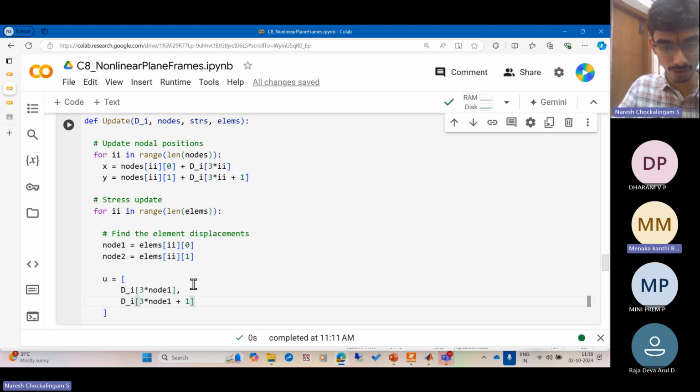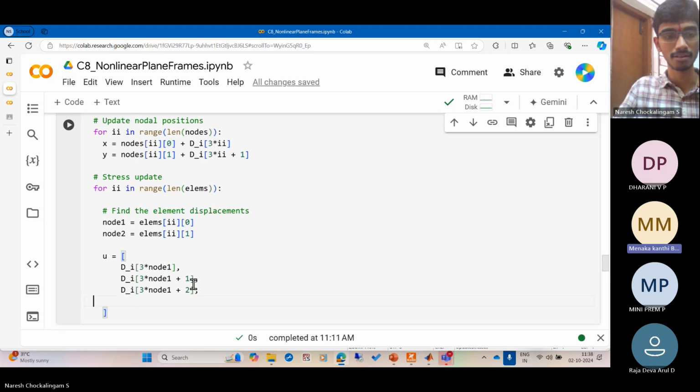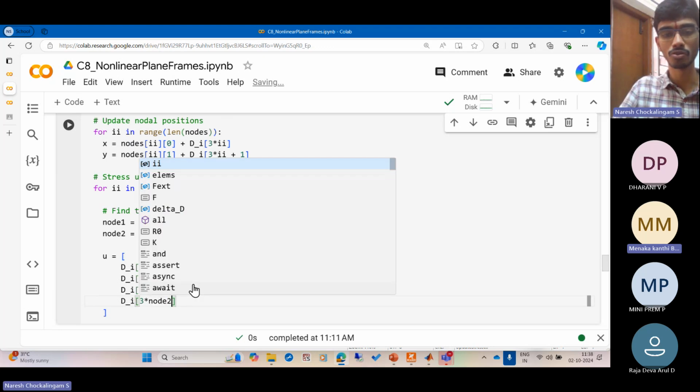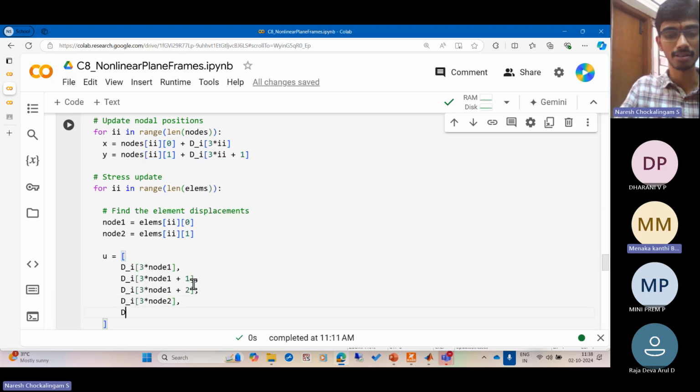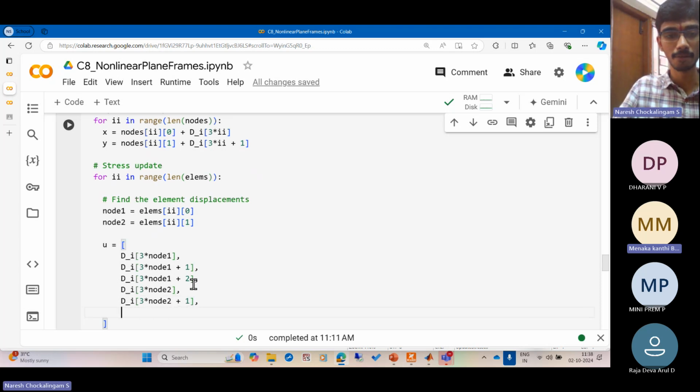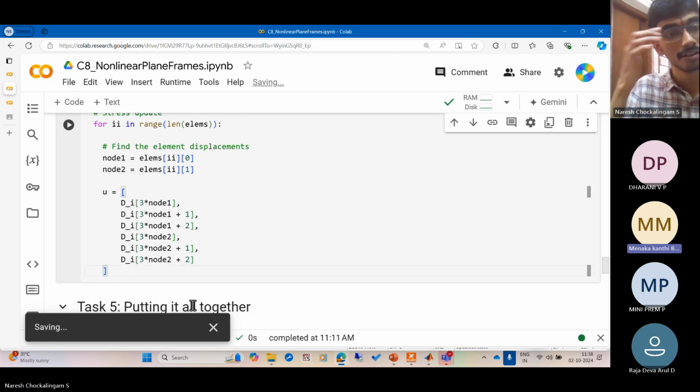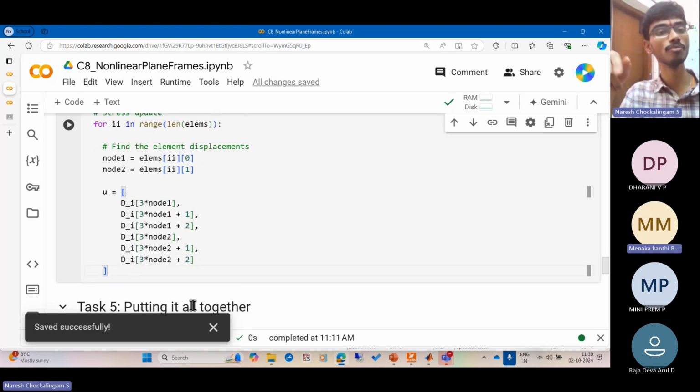So this is the u of the first node, v of the first node, then theta of the first node: di of 3 star node 1 plus 2. Then for the second node, di of 3 star node 2, then di of 3 star node 2 plus 1, and di of 3 star node 2 plus 2. So these are the elemental displacements, but this is in the global system.